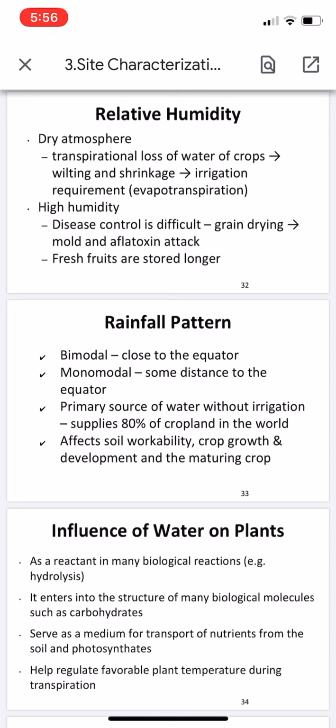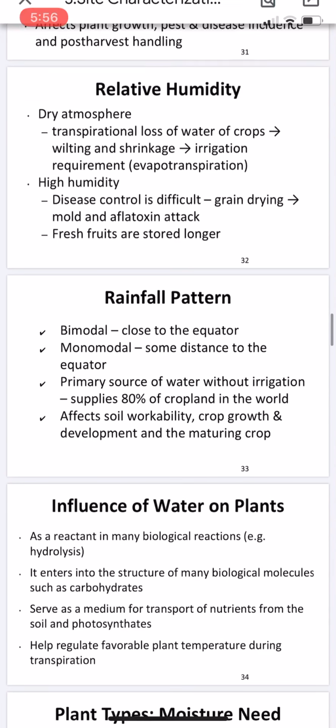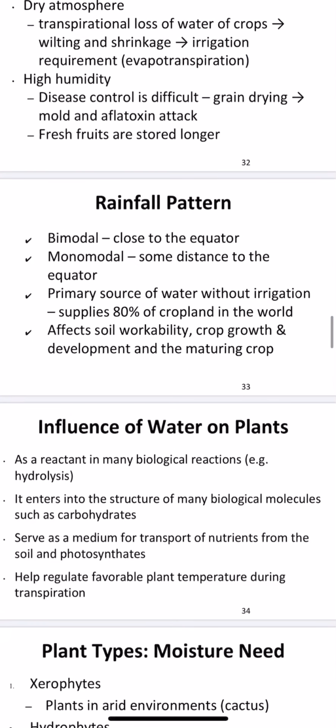That's during dry atmosphere, but for high humidity, disease control is also difficult. Like for grain drying, mold and aflatoxin, a fungal toxin, will attack. And also in fresh fruits, they can be stored longer. So this is what I have just discussed.